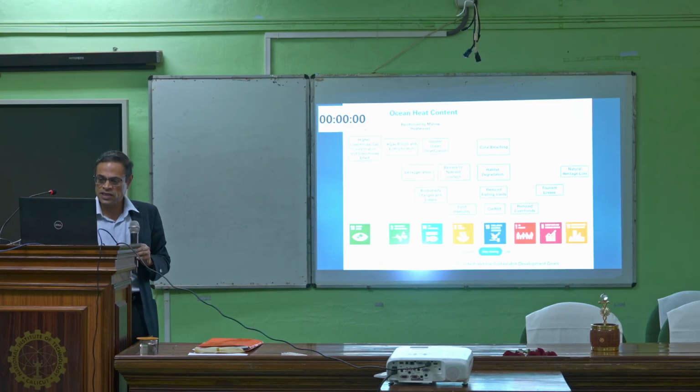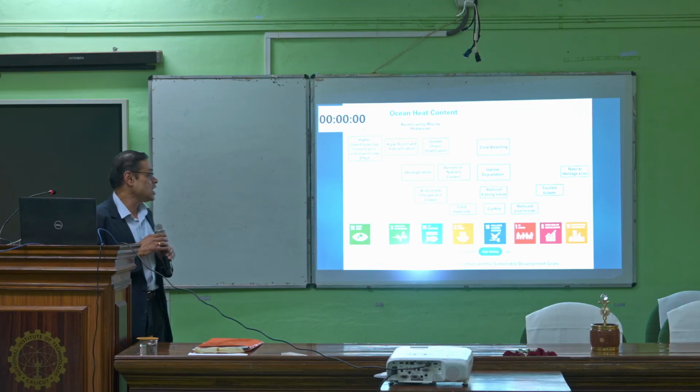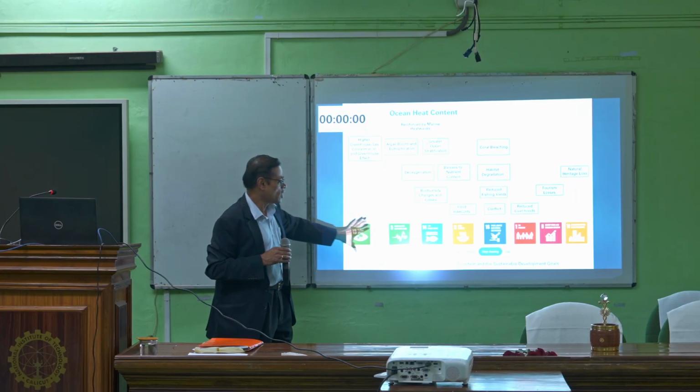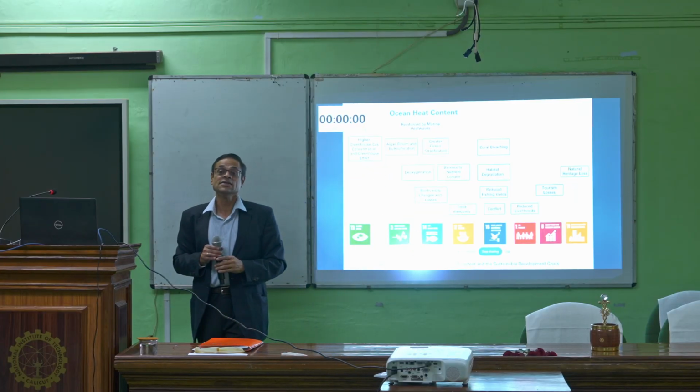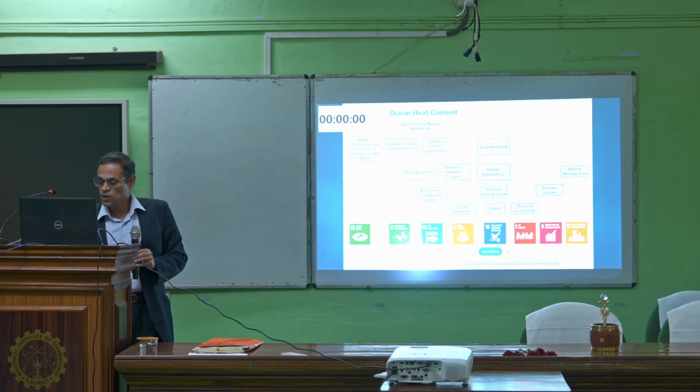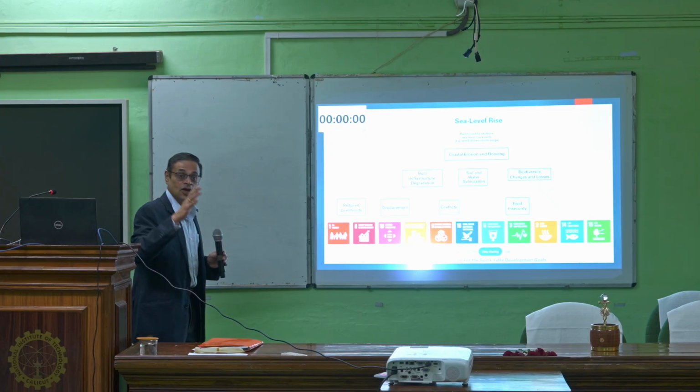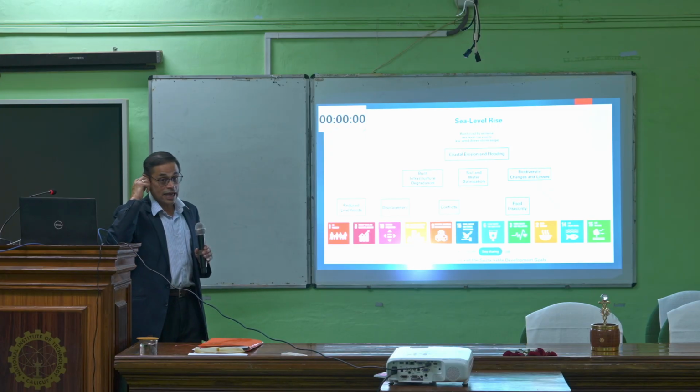Likewise, you have ocean heat content. For example, if you see how ocean heat content will change, so many other factors, and what SDGs are related to that. So maybe it provokes your thinking in terms of understanding sea level rise, another interesting variable that we are all going to be directly impacted by one way or the other. You saw the Arctic, Antarctic ice melting, right?